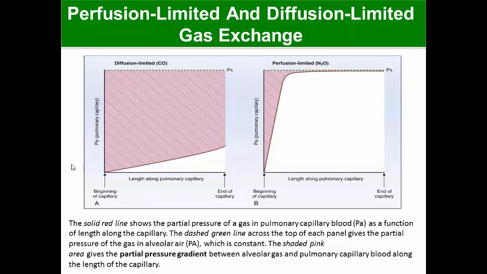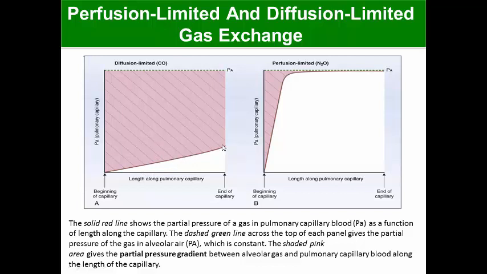Now, the dashed pink area gives the partial pressure gradient between the alveolar gas and the pulmonary capillary blood along the length of the pulmonary capillary. Here in case A, you can see that there is a pressure gradient for that gas, and this pressure gradient is maintained along the length of the pulmonary capillary.